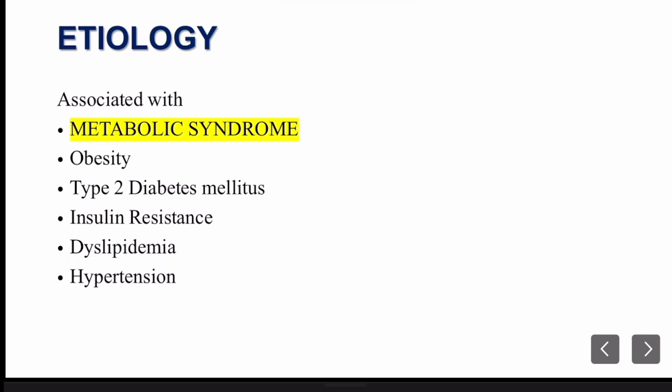So metabolic syndrome, obesity, diabetes, insulin resistance, dyslipidemia, hypertension, all these play a role in development of the metabolic dysfunction associated steatotic liver disease. And now the diagnostic criteria is quite clear that the patient should have one of the 5 cardiometabolic risk factors, then he or she will be labeled as MASLD.